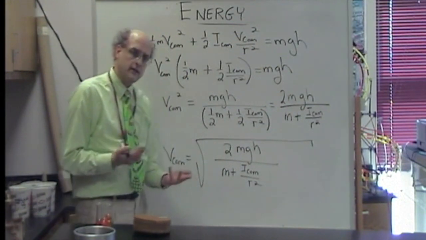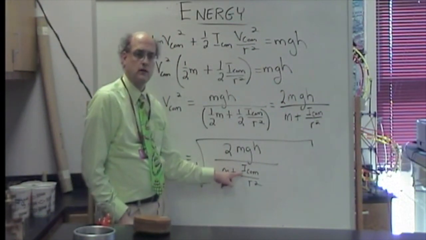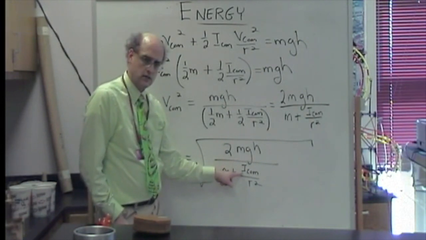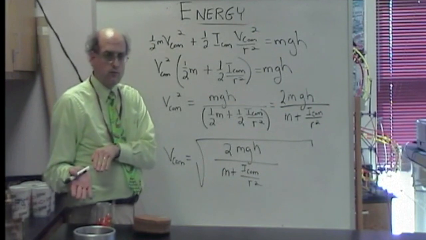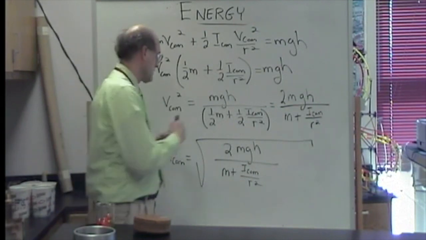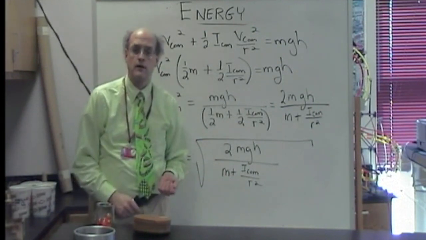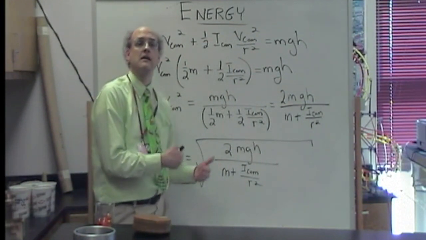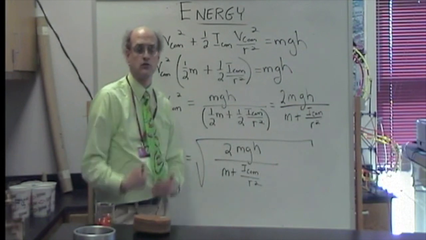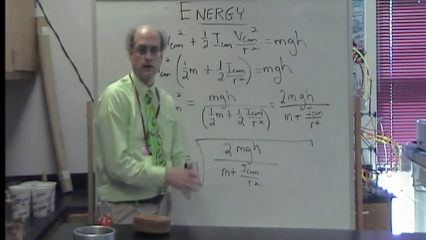To predict that, you would want to substitute in the moment of inertia for a disk, solve for VCOM, and then substitute in the moment of inertia for a hoop, solve for VCOM, and you'll see which one has a higher speed at any given moment as it races down a hill.